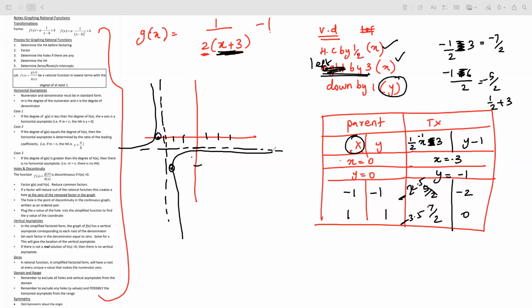did we do it correctly? Something feels so wrong to me though. Are our points correct? Minus 3.5, comma minus 2, then minus 2.5, comma minus 2, and then minus 3.5 is a 0. Correct, but somewhere something feels wrong though. Minus 2.5, comma 0.